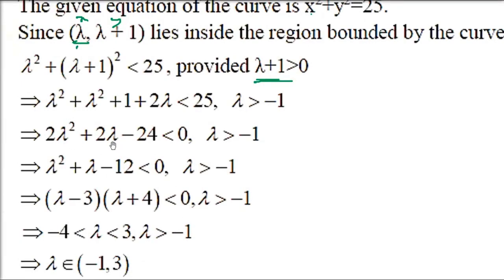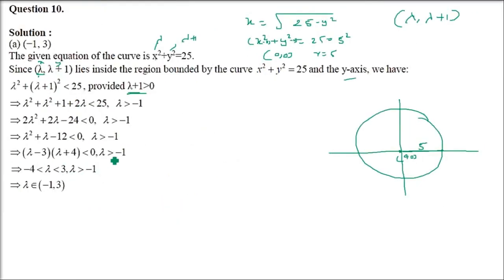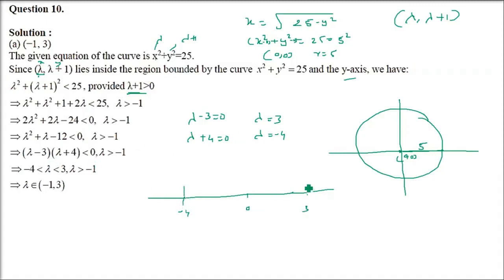Just open this, make it a quadratic equation and find the roots: (lambda minus 3)(lambda plus 4) less than 0. Whenever we have less than 0, as I just explained, we took plus minus plus. Previously for greater than 0 we took plus, now we take negative. So lambda minus 3 equals 0, that is lambda is 3, lambda plus 4 equals 0, that means lambda equals minus 4. So we have minus 4 and 3.